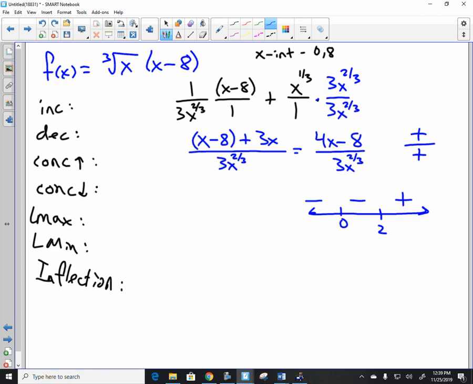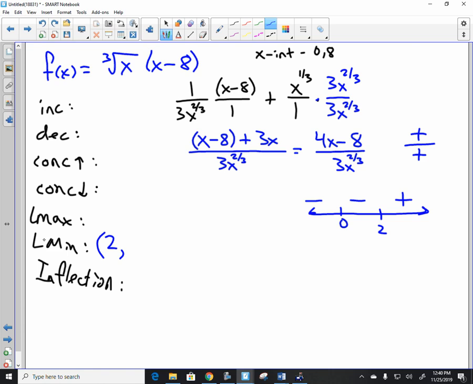So what does this help me identify here? Yeah, it looks like in this situation that I have a, where it changes from negative to positive, that's going to be a local min. So the local min happens at 2.